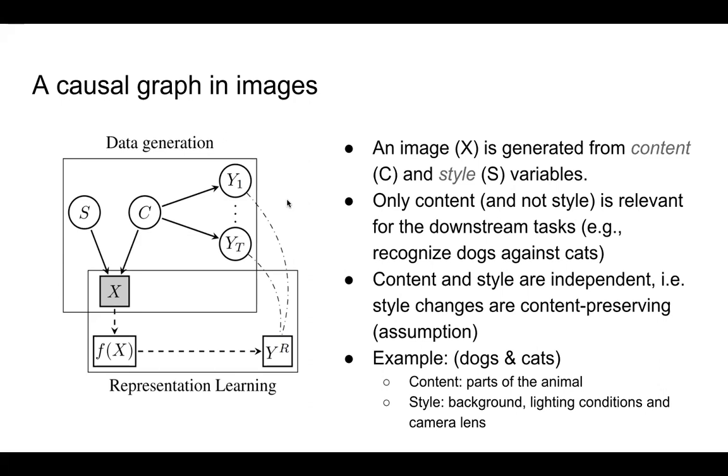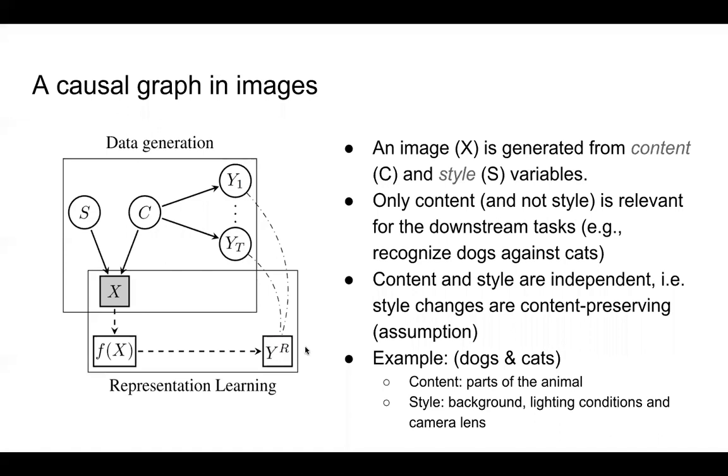Okay, any questions for this causal graph? Why does Y^R within the lower rectangle have a superscript while Y_i has a subscript in the upper rectangle? Is there some meaning, or is it just a notation? You mean the Y^R here?